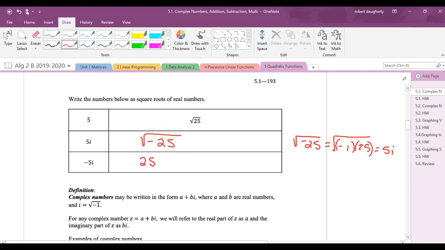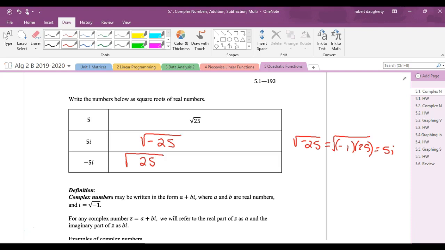What is this one? This is the square root of what? Square root of 25 is what? 5. Is that -5i? No. How do I get a -5i? What's the square root of -25?